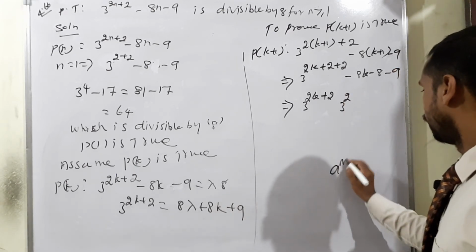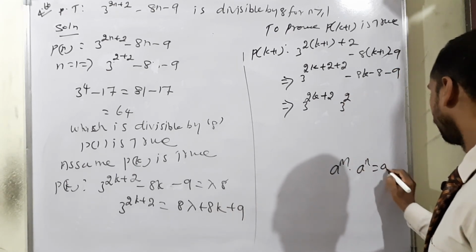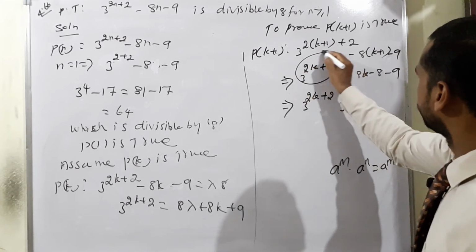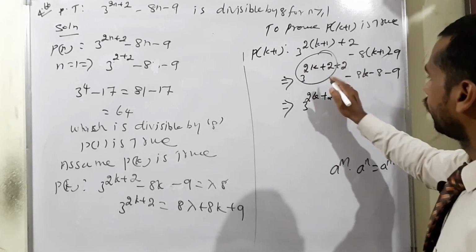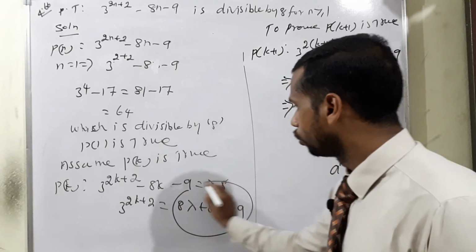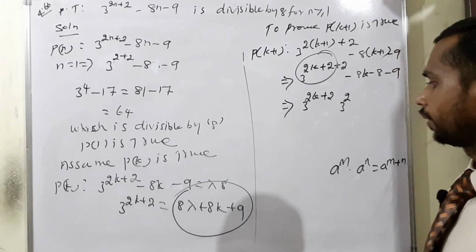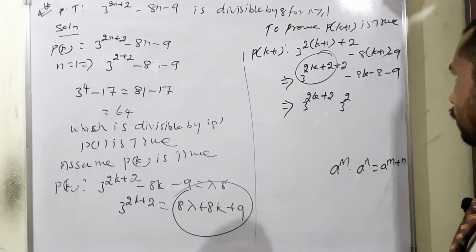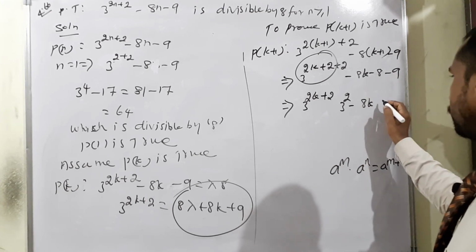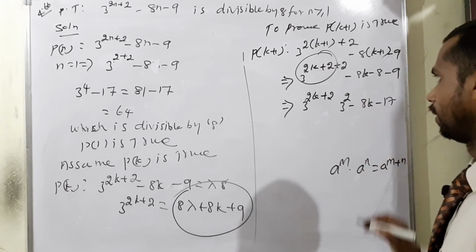Why? a to the power m into a to the power n, we can write it a to the power m plus n. This is one term, this is another term. Why am I considering this as only one term? Already we know 3 to the power 2k plus 2 is equal to 8 lambda plus 8k plus 9. That's why. Again minus 8k, minus 8 minus 9, we can write it minus 17, isn't it?